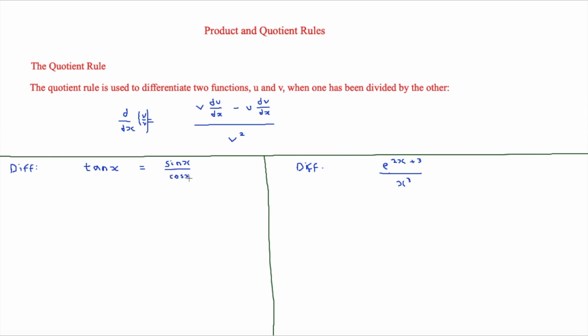Therefore, we're going to start off by using the same thing as we did last time, and we'll say that u is going to be equal to sin x, as it's u over v. And then we'll say that v is equal to cos x.